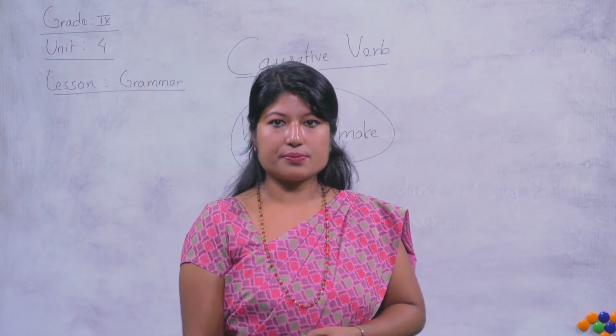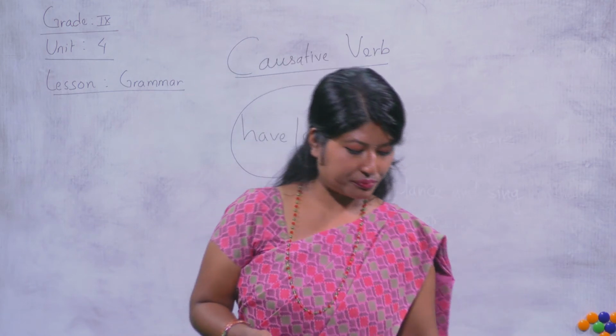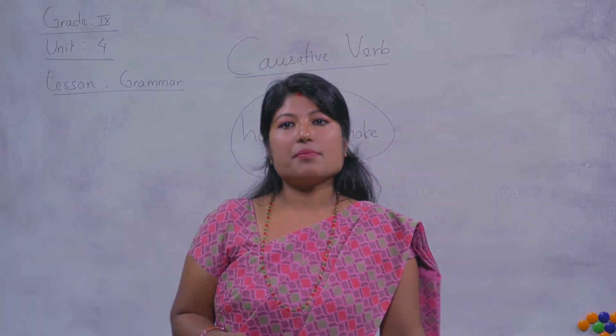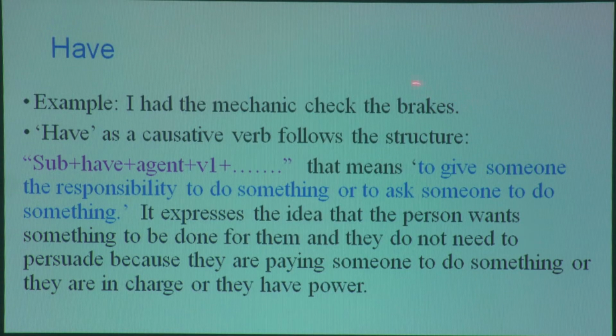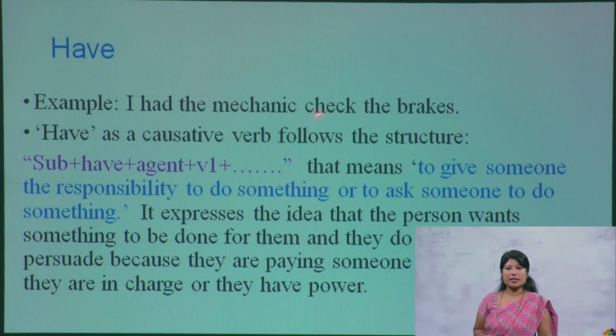Let's move to the next one, have. Example: I had the mechanic check the brakes. So have here as a causative verb follows this structure: subject, I; have, had.